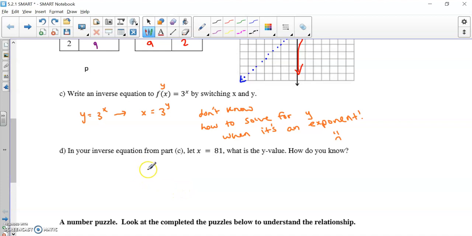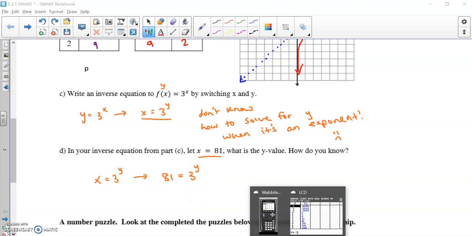However, we can play a little game here and ask, what if we plugged in 81 for x in this substituted version? In my x equals 3 to the y, if I plugged in 81 for x, then I can take a guess at what y might be.